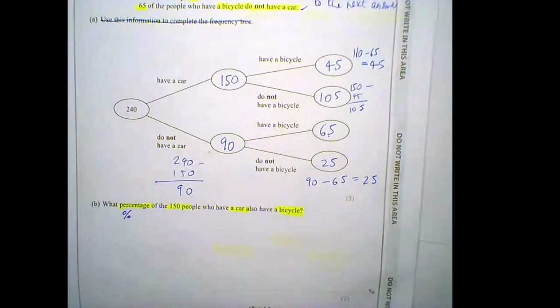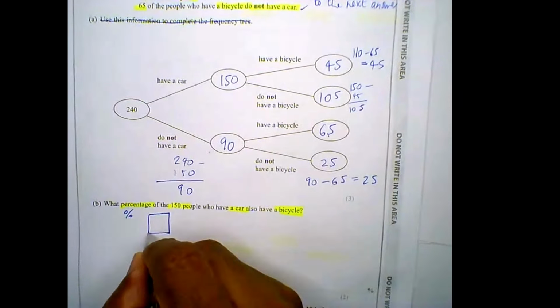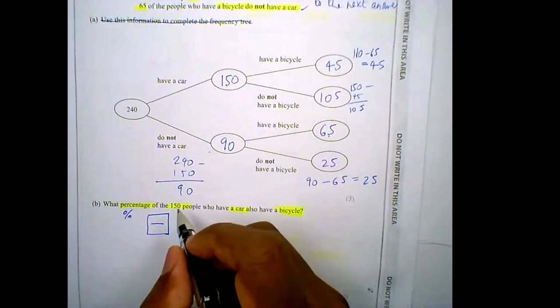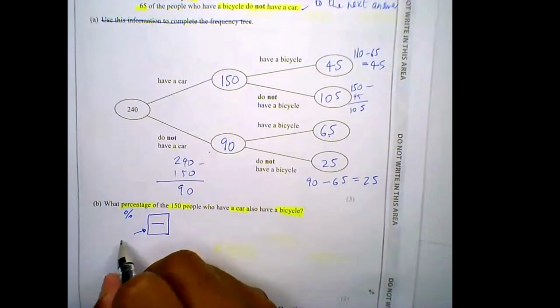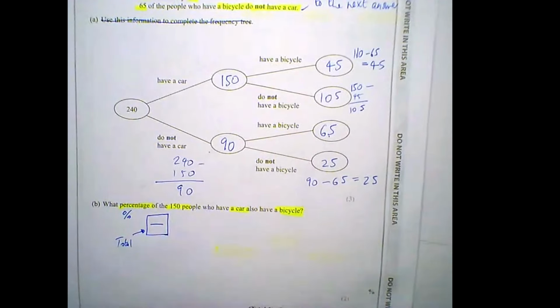But what I'm going to do is put this as a fraction. Similar to what I've done in all the other questions, first of all, have this as a fraction, and my total goes here as the denominator. In this case, it's 150.